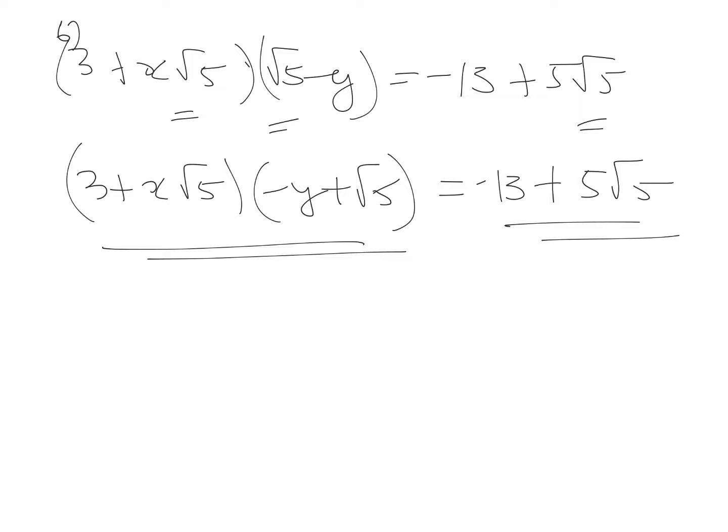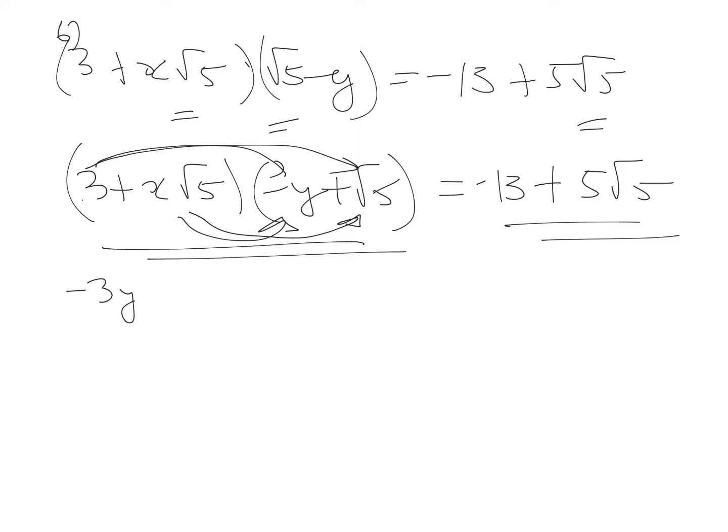So let's see the expansion that we get. Let's take the 3. 3 times negative y is negative 3y. I'm basically multiplying like this, and then multiplying like that. And then I will use this term times this one, and this term times that one. All right?